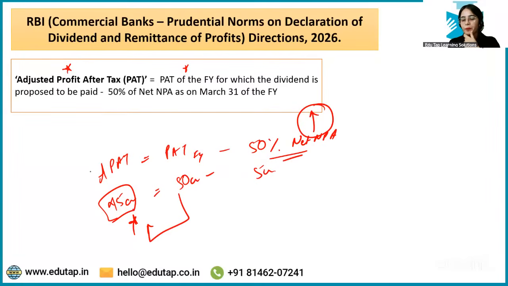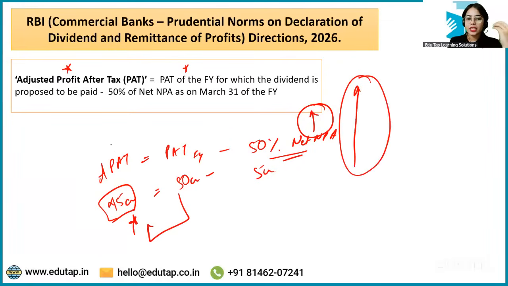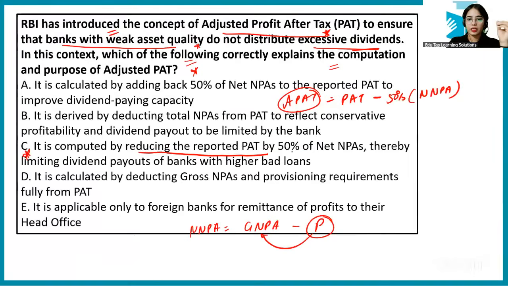If the bank has very high non-performing assets, the adjusted profit after tax will reduce. Basic maths. I hope it is clear.